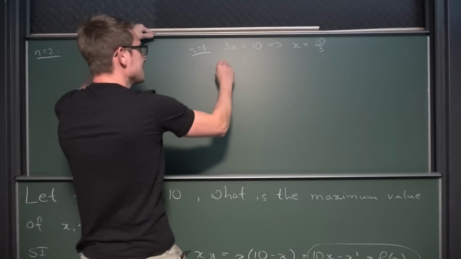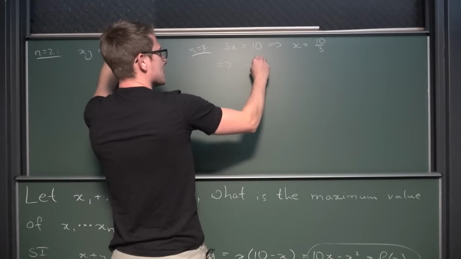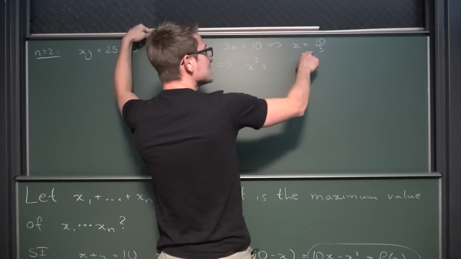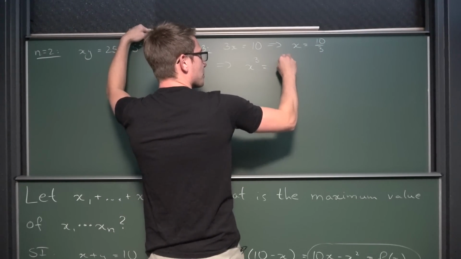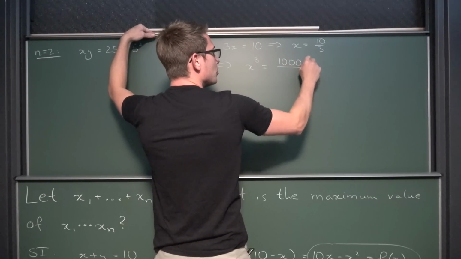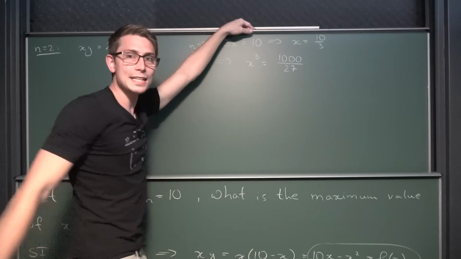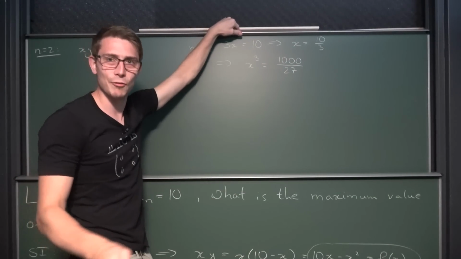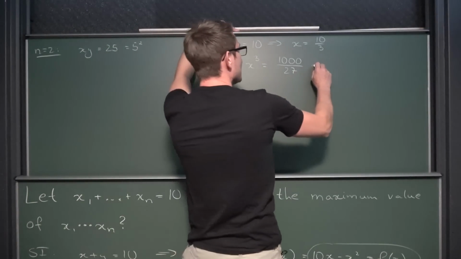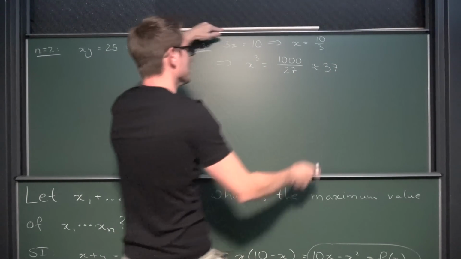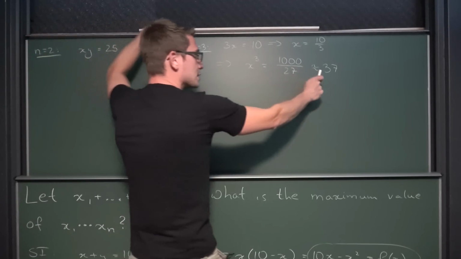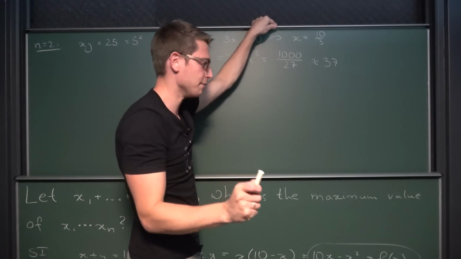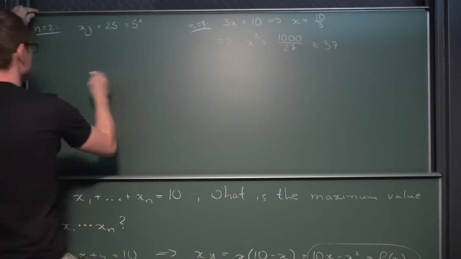So this gives us x times x times x, which is x cubed, and x is 10 over 3, which is going to be 10 cubed, which is 1000, divided by 3 cubed, which is 27. And this gives us roughly, I would say 40, but we need to be a bit careful about that. This is roughly 37. So if we have 2 samples, we get 25, and if we have 3 samples, we get 37 out. Now, let us continue this process a bit more.